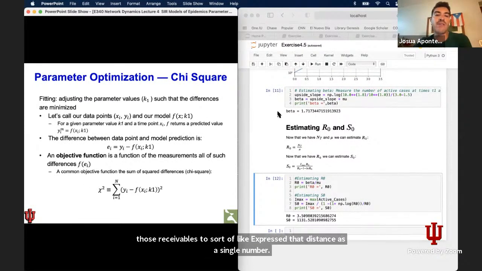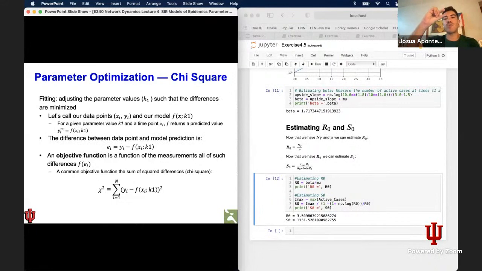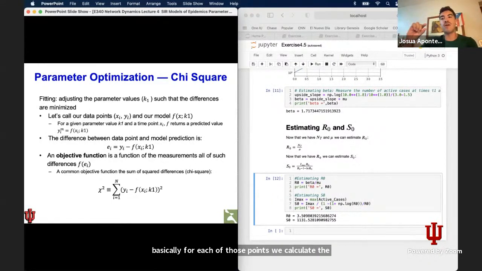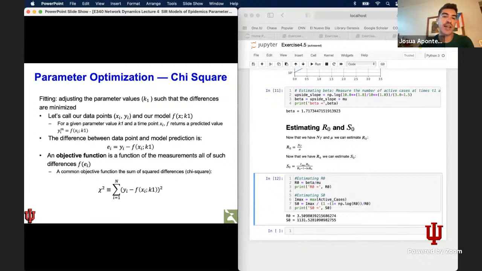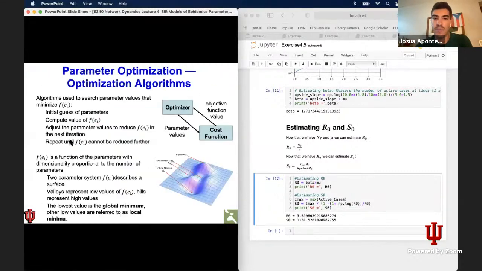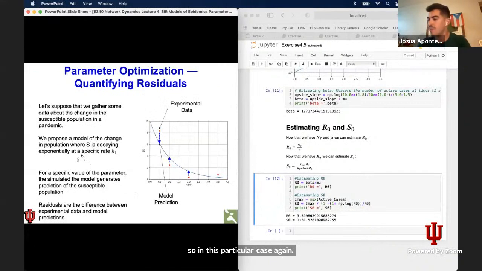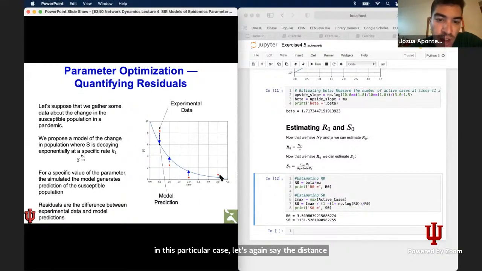But the most common is what is known as the chi-squared, which is basically, for each of those points, we calculate the distance between the model prediction and the experimental data. We square that distance, and then we add that distance for all of the points, for all of the comparisons. So in this particular case, let's again say the distance here is 2, 1, 0.5, and 0.25.